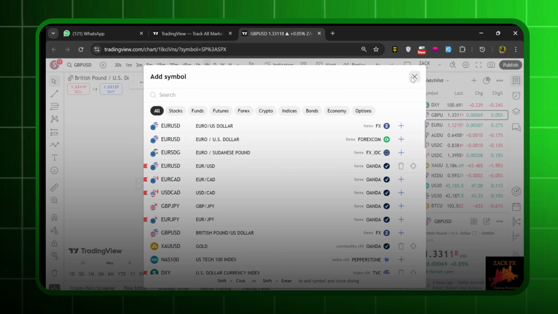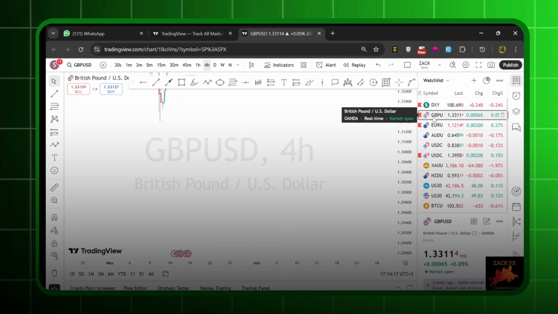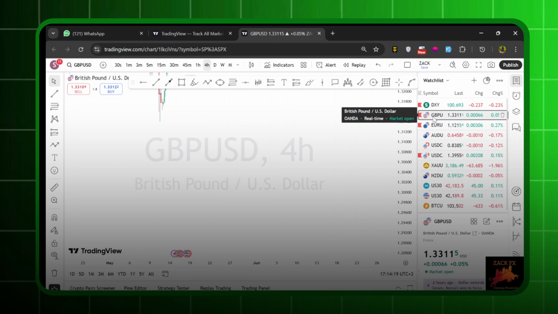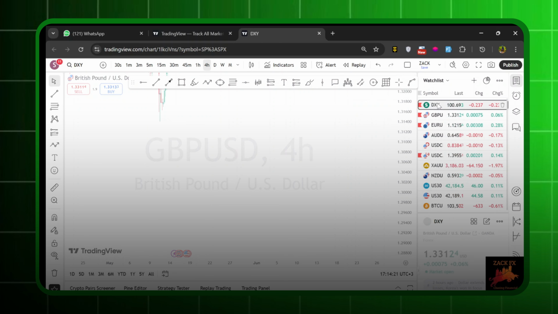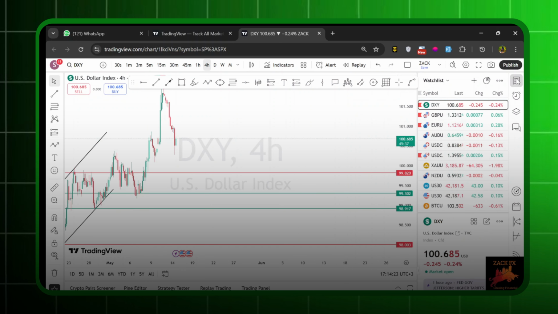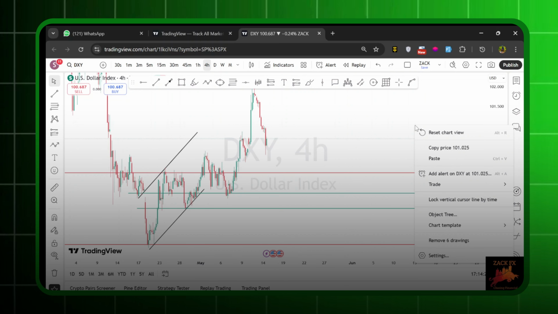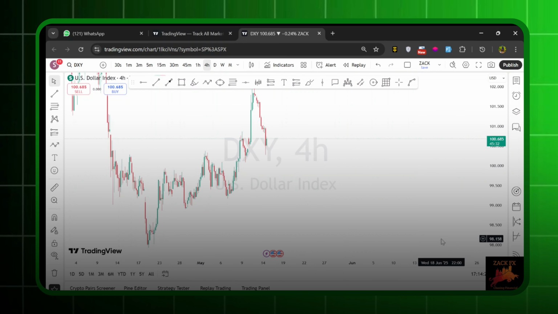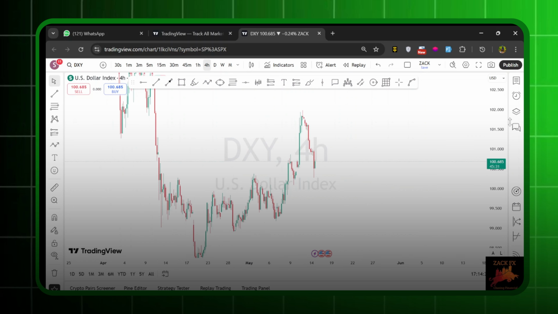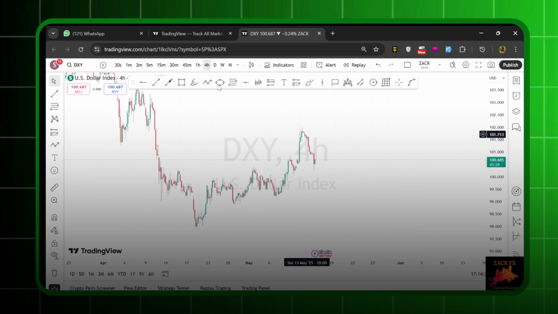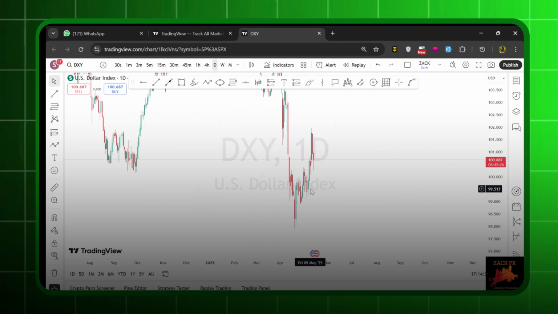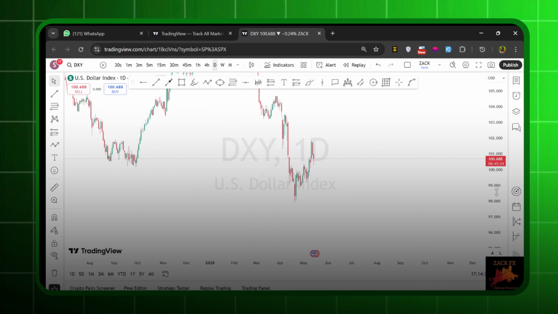I personally love trading these XXX pairs because they are very friendly. So when you analyze the DXY, it will help us know what opportunities to anticipate in this other market.